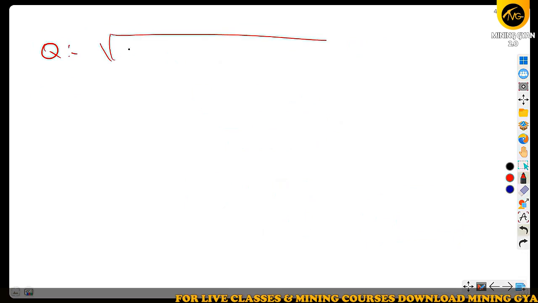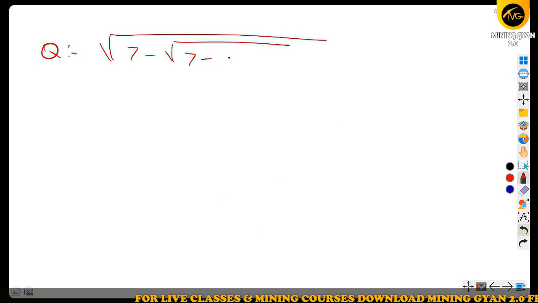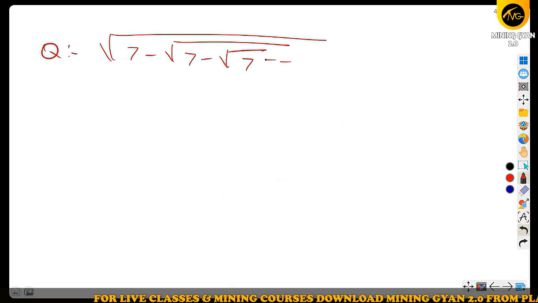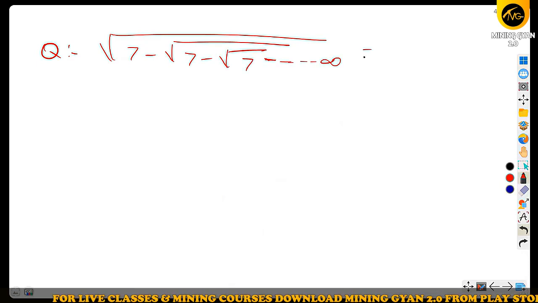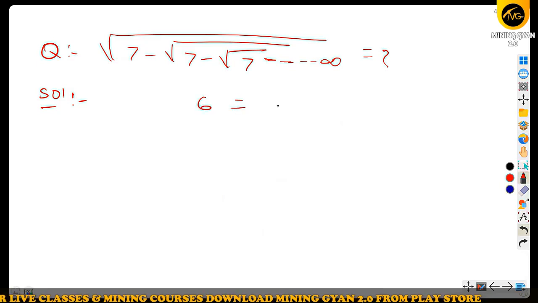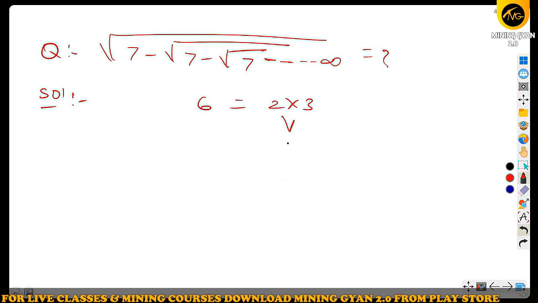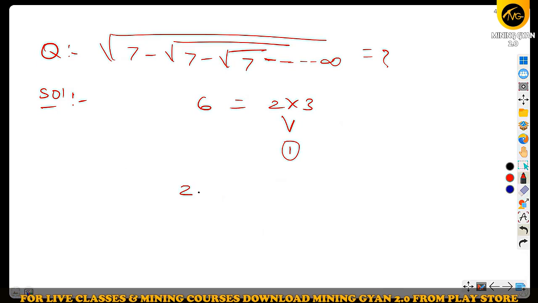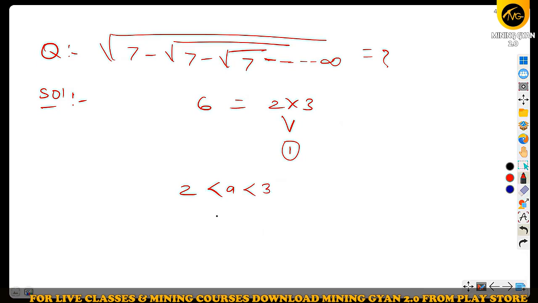Suppose the question is root over 7 minus root over 7 minus root over 7 minus, to infinity. In this case, we have to use the smaller number of 7, and that is again 6. So 2 into 3 is the factor pair, and the difference between the factors is 1. That means you can write 2 less than a less than 3.